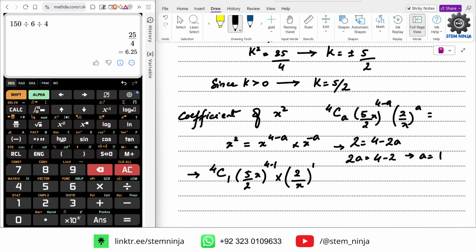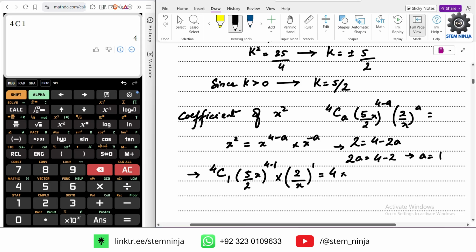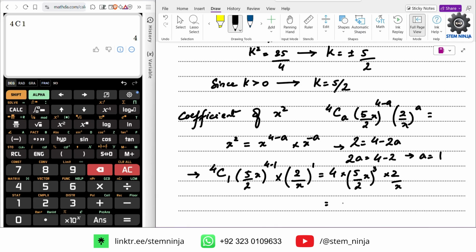So 4C1 is 4, basically, times (5 over 2) cubed x cubed times 2 over x. 2 cubed is 8, 5 cubed is 125, so 4 over 8 is 1 over 2.